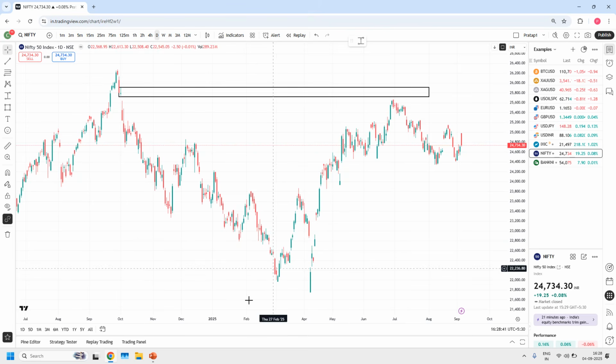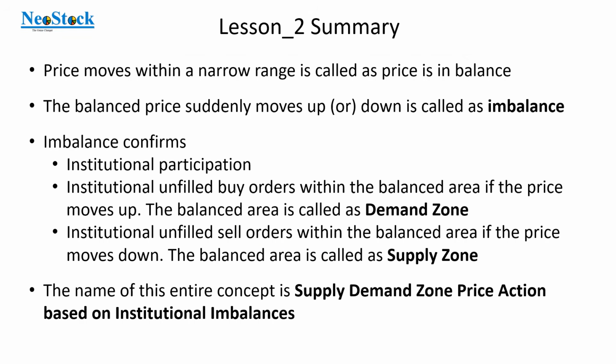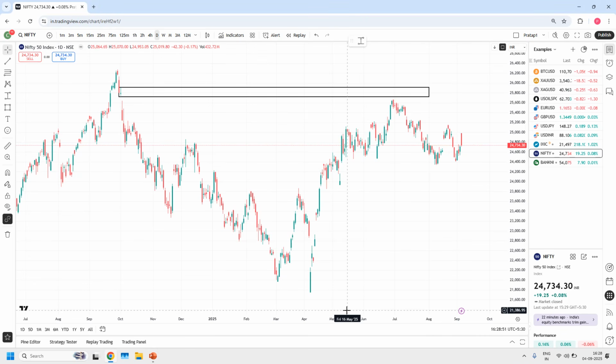Hope you all understand the importance of imbalances, institutional imbalances. This is a very important lesson. I always say lesson 2 is my favorite lesson, because understanding institutional participation, confirming institutional participation based on the imbalances, is a very critical step.